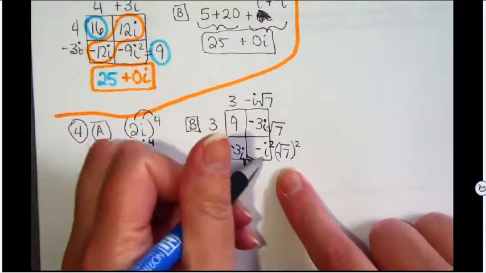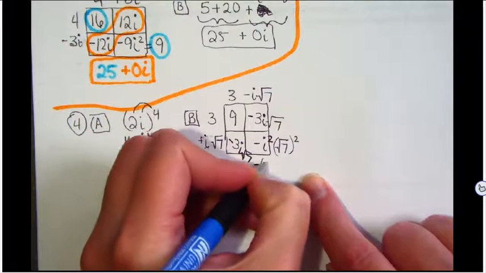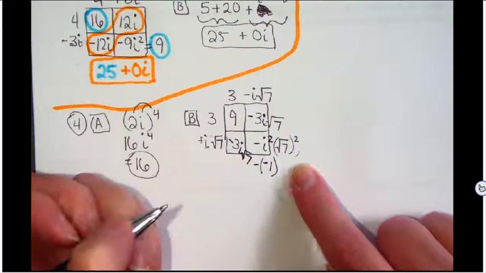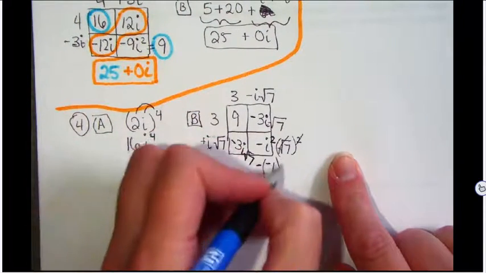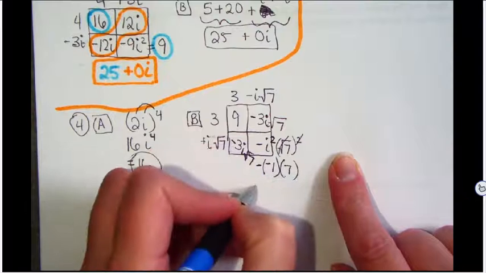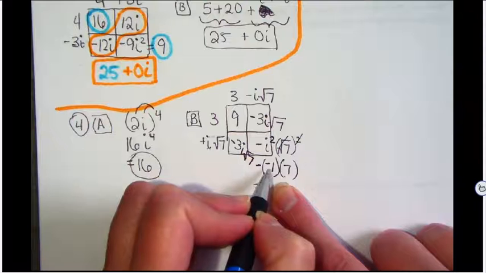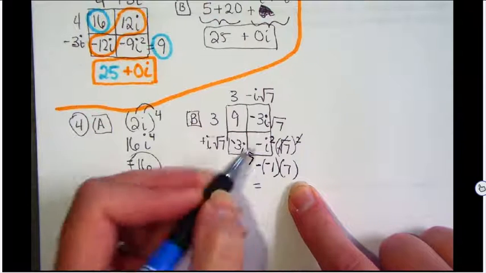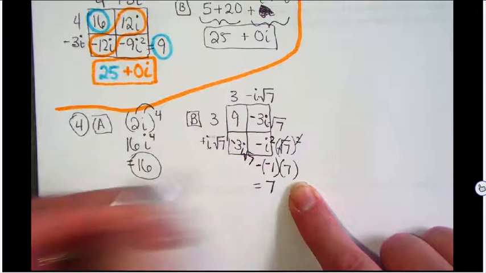So let's start here with what we know. There's still a negative in front. We know that i squared equals negative 1, and square root of 7 squared, well, square root and squared cancel out, so we end up with 7. So this whole box equals negative 1 times negative 1 times 7. Negative times negative is a positive. 1 times 7 is a positive 7.